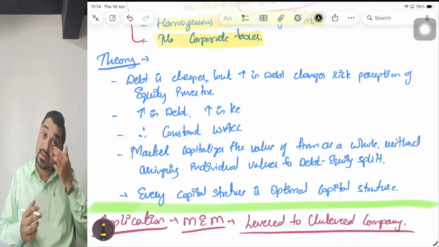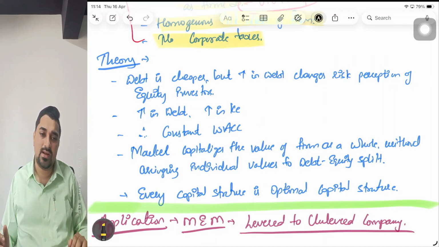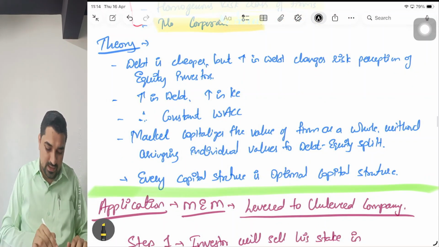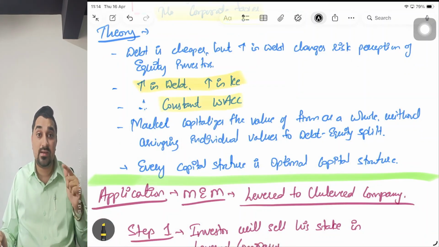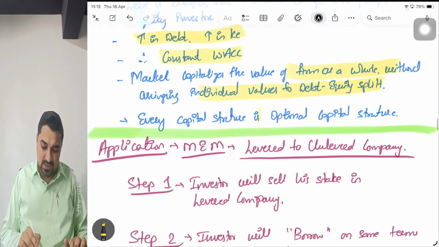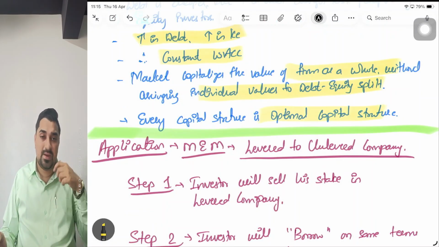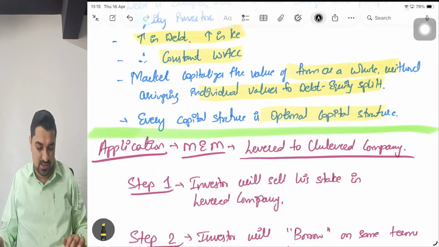So whenever I increase my debt, the equity shareholders' blood pressure will go up. So for every increase in debt, there is an increase in KE. Therefore, WACC will remain constant. It is an extended version of NOI. Now, the market capitalizes the value of the firm as a whole without assigning individual value to the debt-equity mix. Every capital structure is an optimum capital structure. So more or less it is an extended version of NOI, but he gives some behavioral justification.